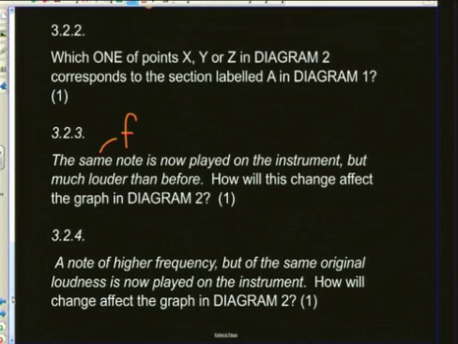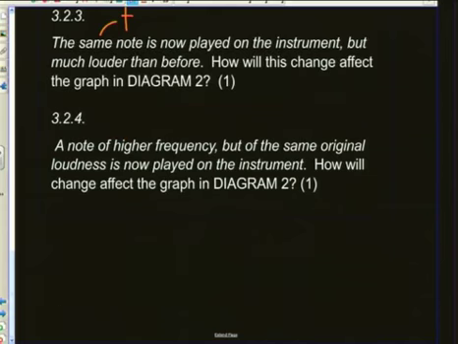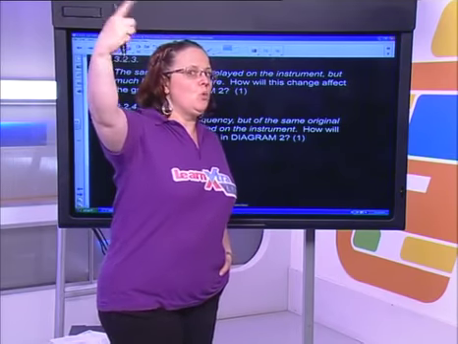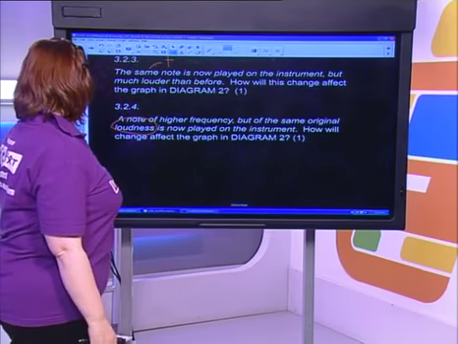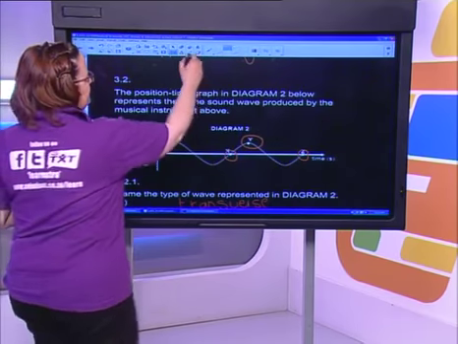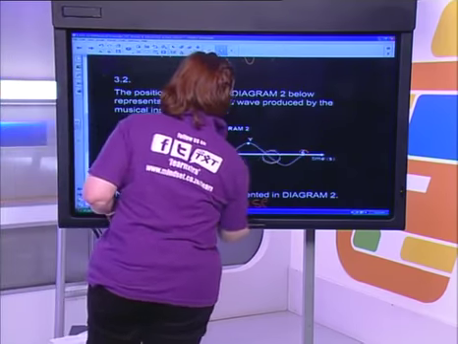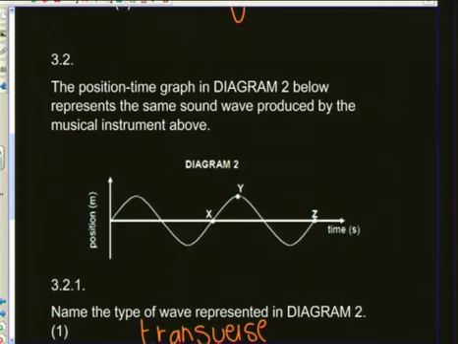Then, a note of higher frequency, but of the same original loudness is now played. Higher frequency means that I have more waves per second. So what would happen is if it's the same note, if it's the same loudness, amplitude's not going to change, but what will happen, let's do it in yellow, the wave's going to do this.